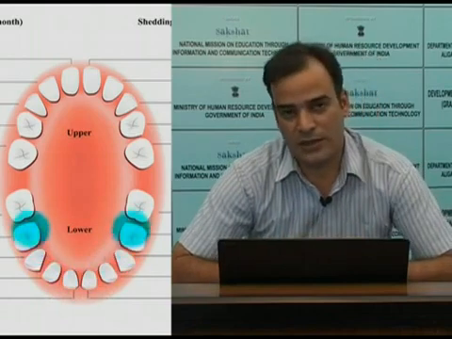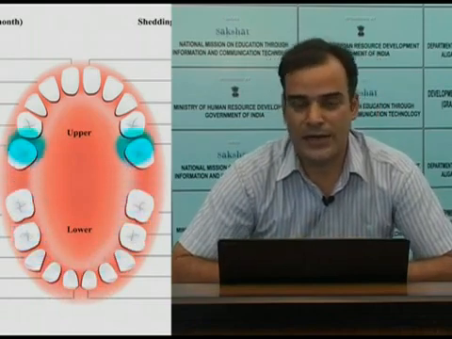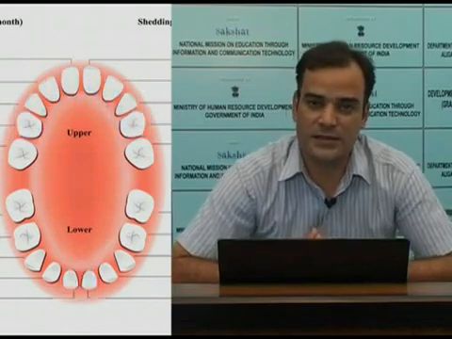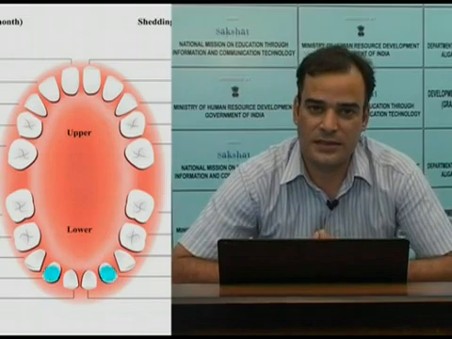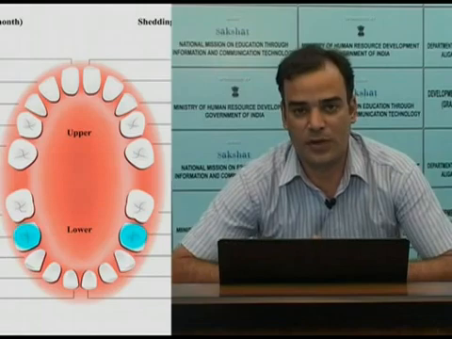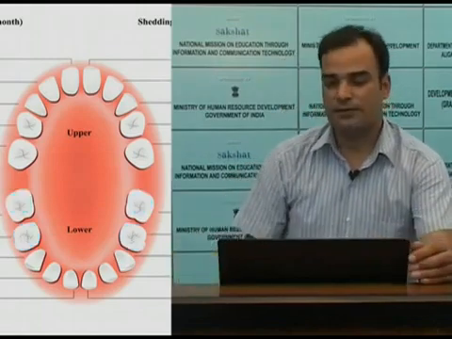These milk teeth or deciduous teeth are 20 in number. These are the central incisors, the lateral incisors, then the canines, and the first molar and second molar.